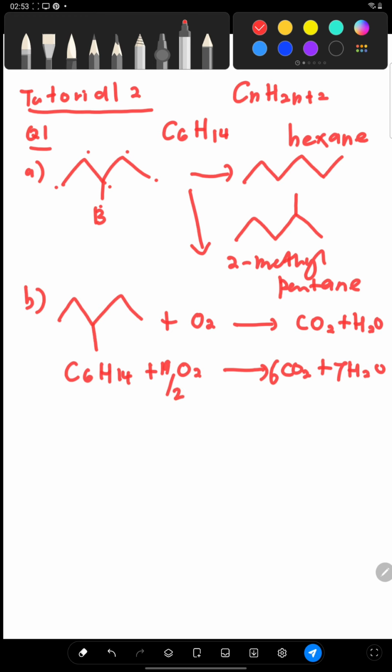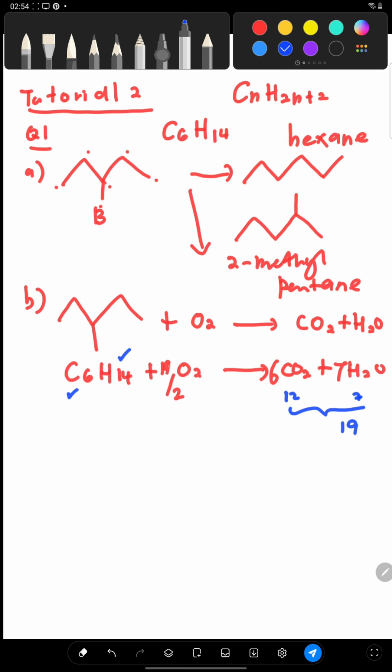Okay, so C6 here is C6, hydrogen is 14, 7 times 2 you get 14. Then for oxygen, 6 times 2 is 12, here is 7, so total 19.